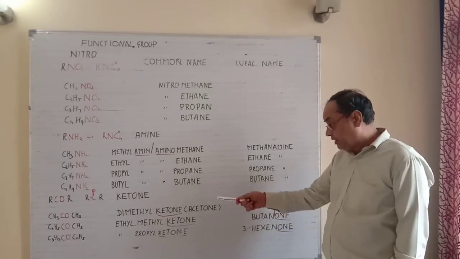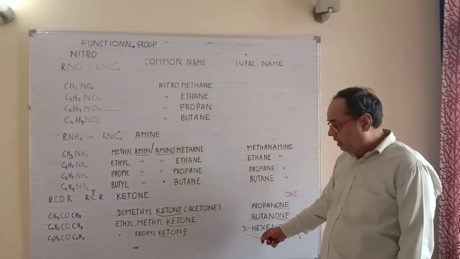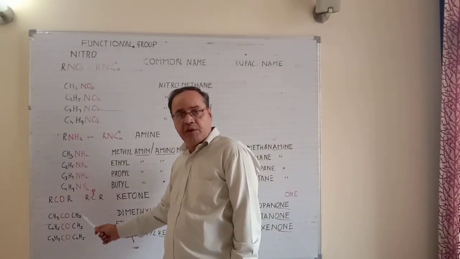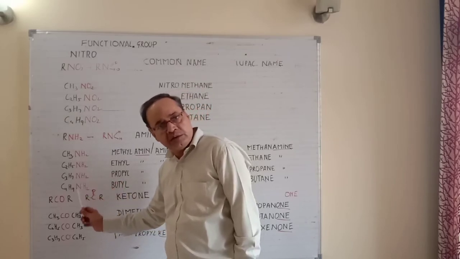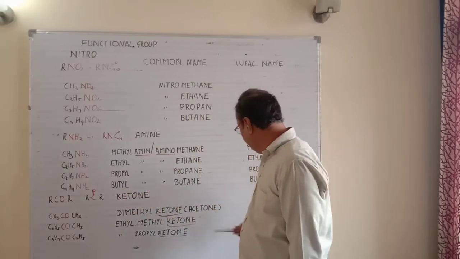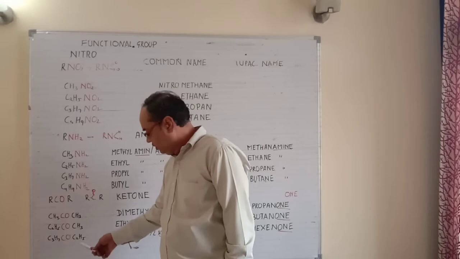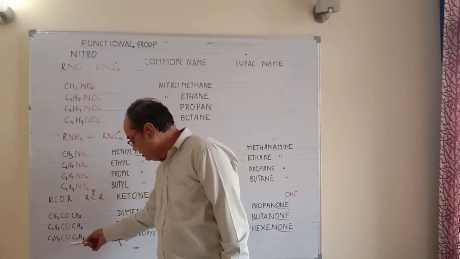Here there are 6 carbons, so you have to give 3-hexanone. And this 3 is the position of the oxygen. See the numbering of the carbon which contains the oxygen, and give the name accordingly. So from this you see 1, 2, 3. So the lowest sum, which we will go into in detail in the next topic. So this is at the 3rd position.